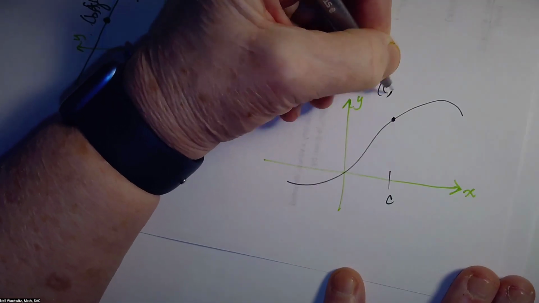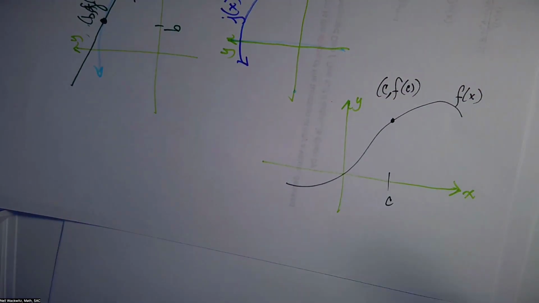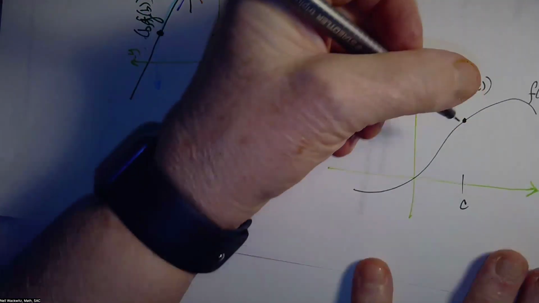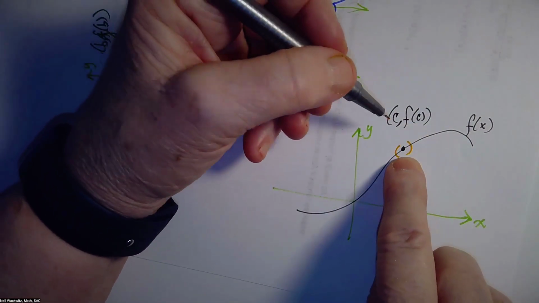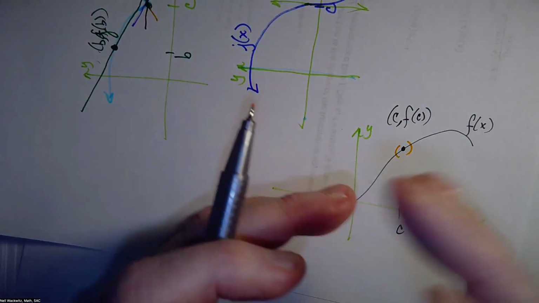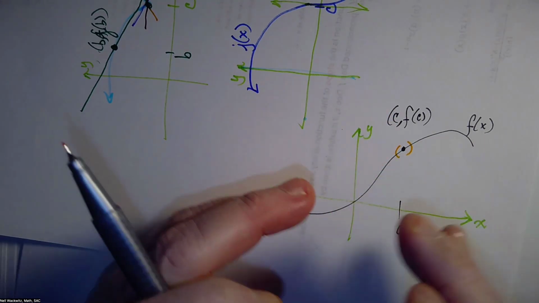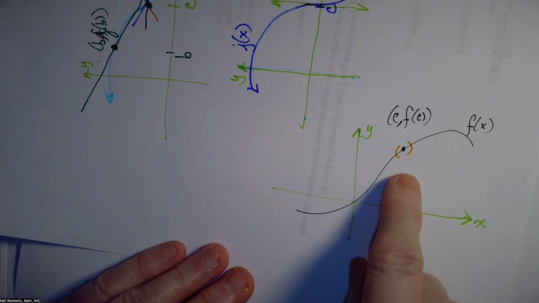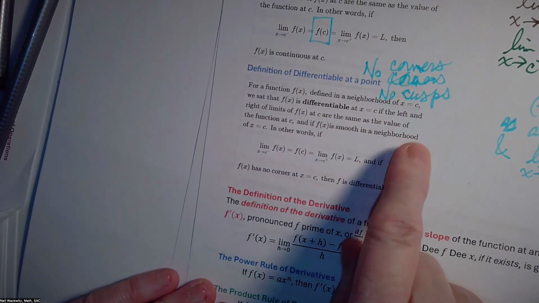This point is c, f of c, and a neighborhood about c, f of c is an open interval that includes c, f of c, and we get as close as we need to get to c, f of c, but we need to have some space around it. So like a little bubble around c, f of c, we need f of x to behave nicely or to be smooth in that open neighborhood.